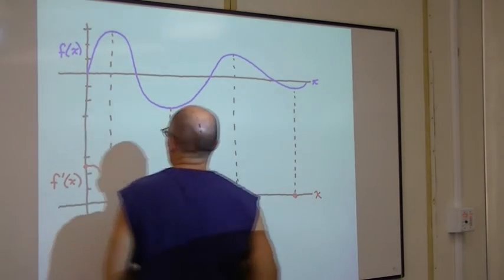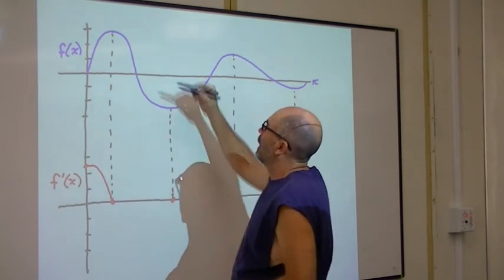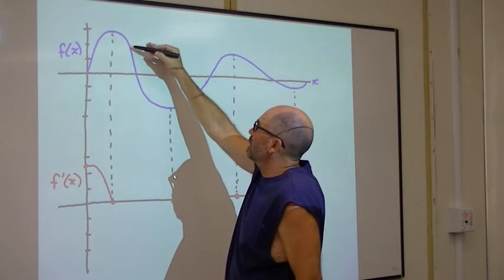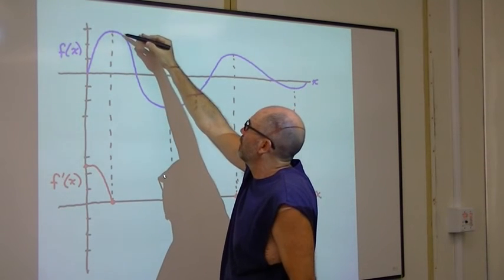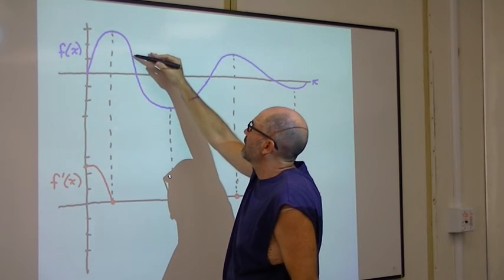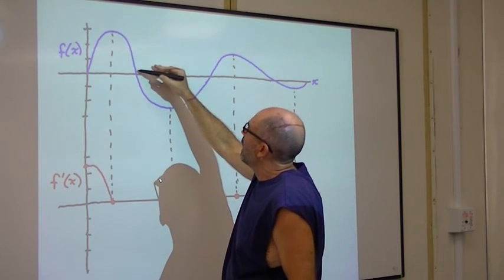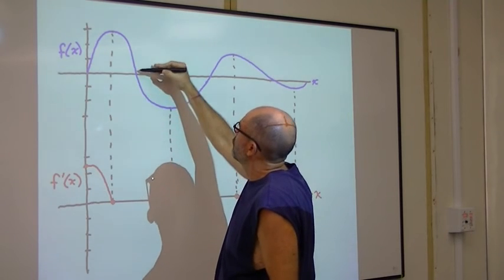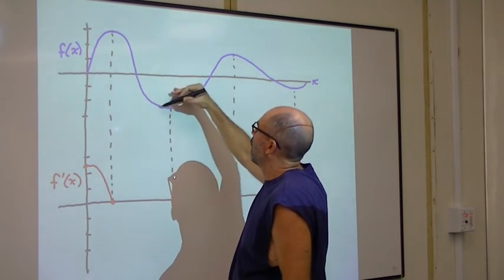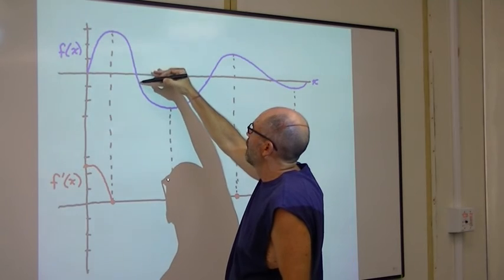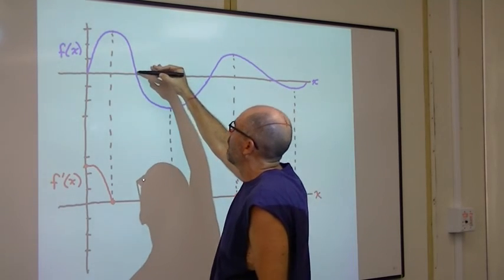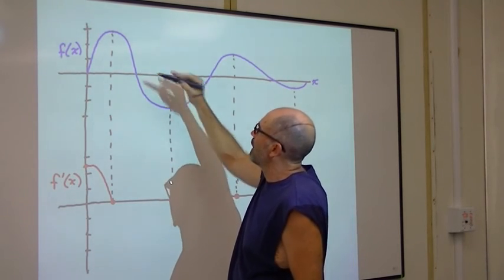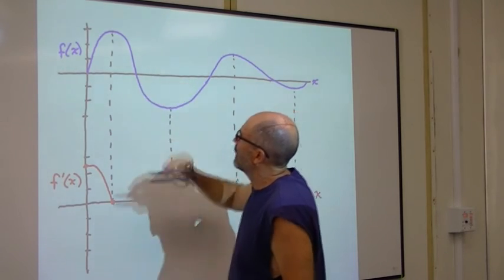Now, let's look at one more thing. If this is a ski slope and we're going down the hill, it's getting steeper and steeper and steeper, and right about here, it's beginning to level off. It's beginning to not get steeper and steeper anymore. This is called a point of inflection right here, and I'd say it's right about there.